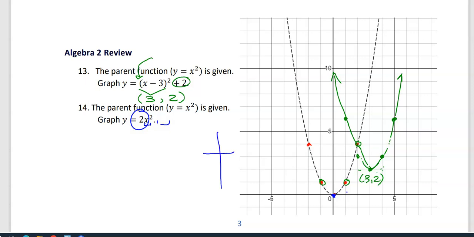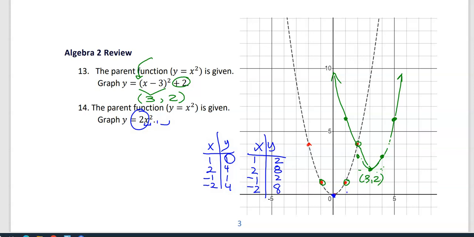In the original function, the answer was 1. When I put in 2, the answer is 4. I put negative 1, I got an answer of 1. I put negative 2, I got an answer of 4. Now with the new graph, because of the a value, everything is getting doubled. That means the 1 is now 2, the 4 is now 8.